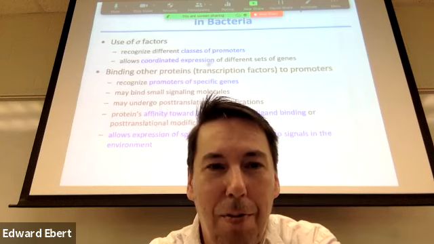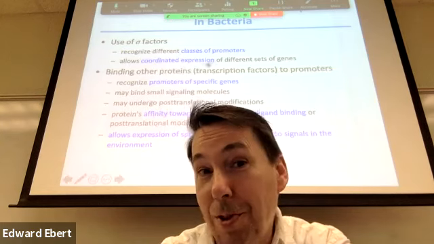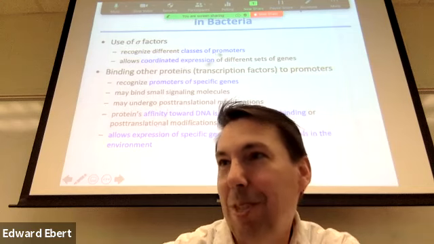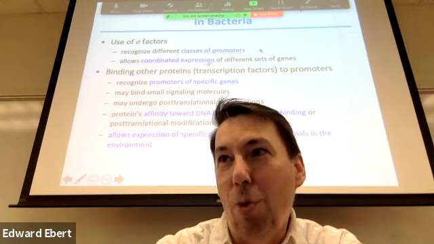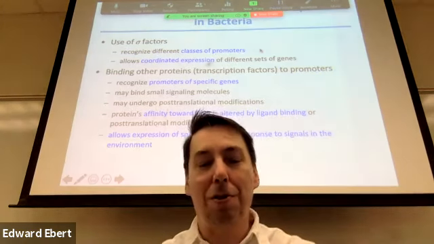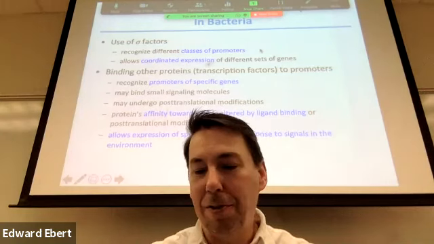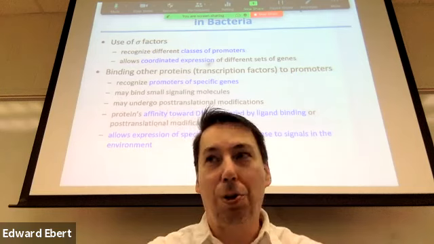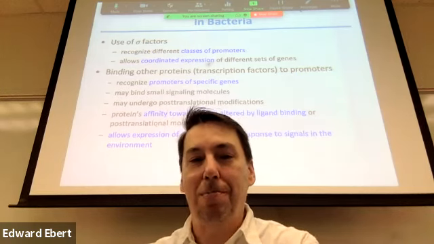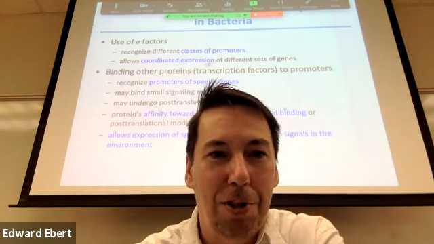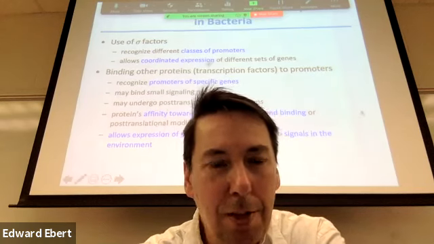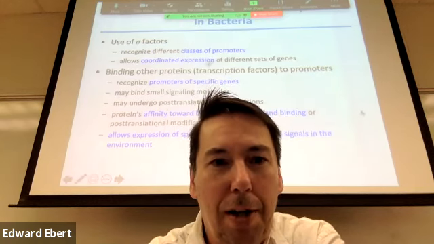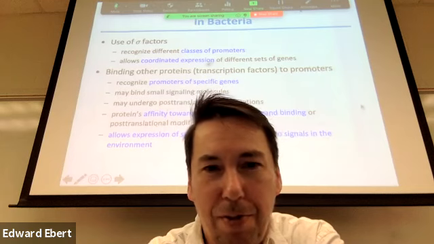If a bunch of different genes use the same sigma factors, then you can have coordinated expression. So rather than just turn on this one gene, and have a different sequence turn on the next one, and a different sequence turn on the next one, you can say, hey, we're going to turn on this entire family of genes. We can also see coordinated binding of these transcription factors to the promoters.